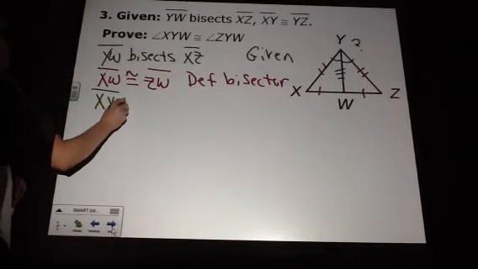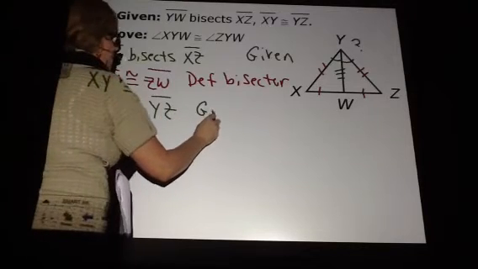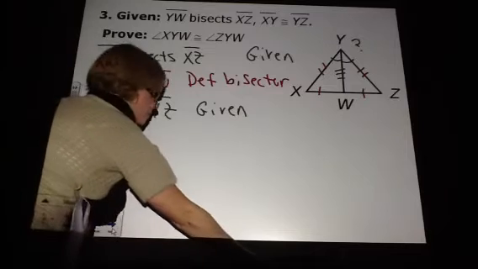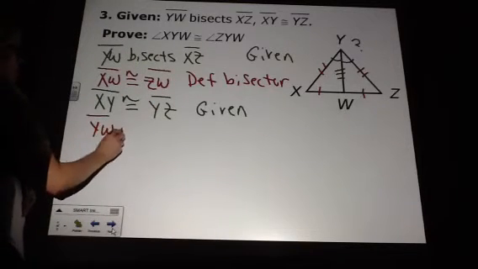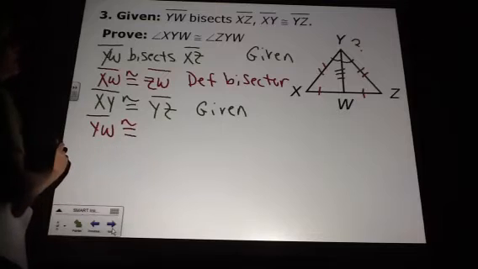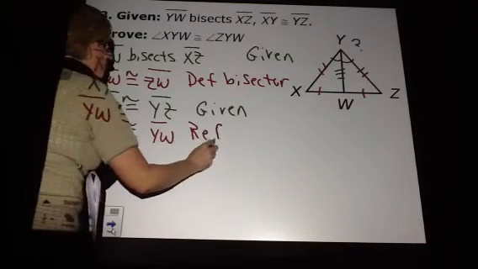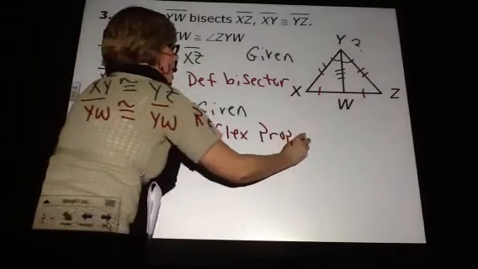Segment XY is congruent to segment YZ, given. We know that segment YW is congruent to segment YW. That's your reflexive property.